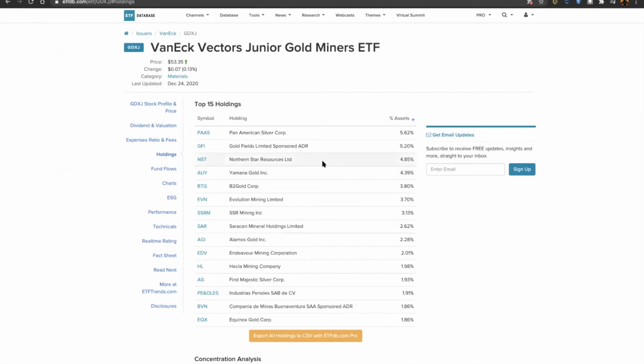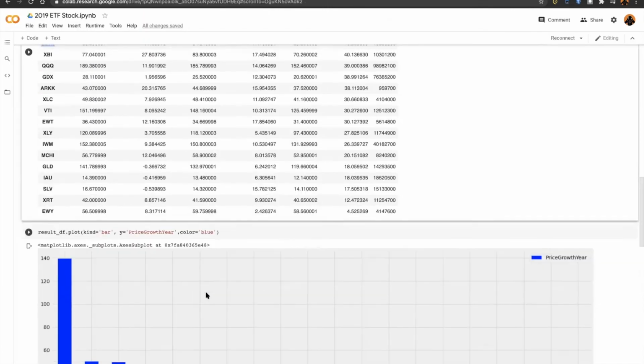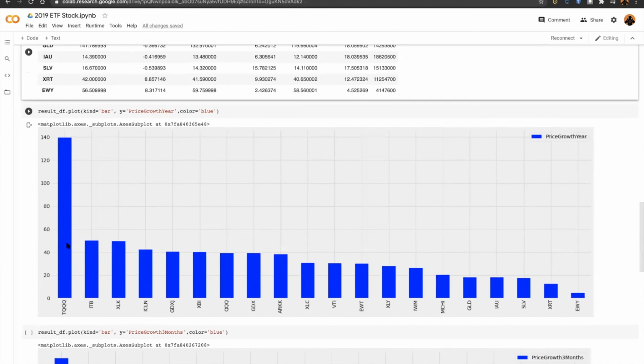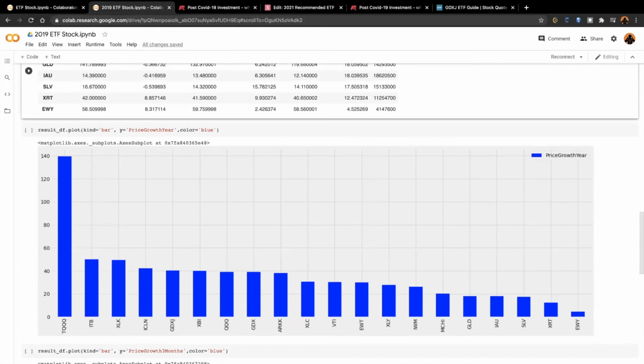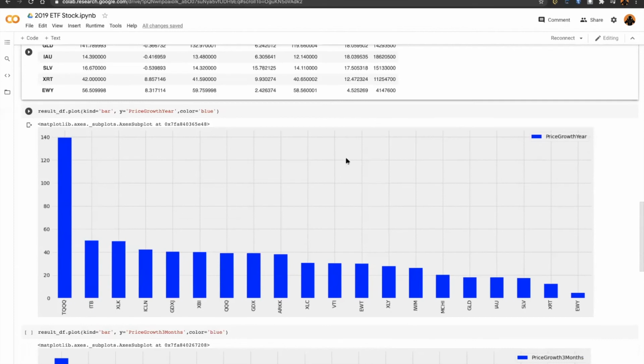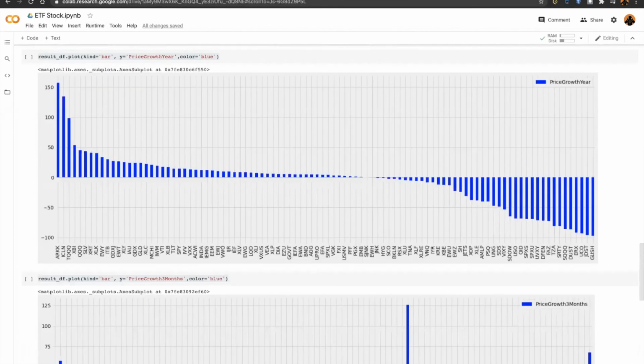I'm not sure, I cannot explain why this one grew last year, but it's growing a lot too, maybe. But yeah, 50% is okay. 50%, 40%, QQQ is 40%. ARKK is also here. So my conclusion here is, maybe we can rely on all of this top 10.